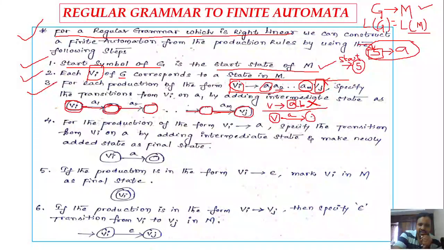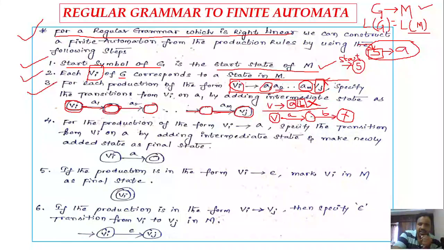Next, again we have a terminal symbol following a. That means from that intermediate state we must have a transition on b. Next, after b we have a non-terminal, so there the transition must end. So add the state X there, right?